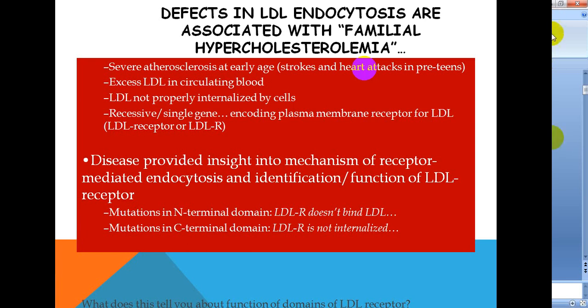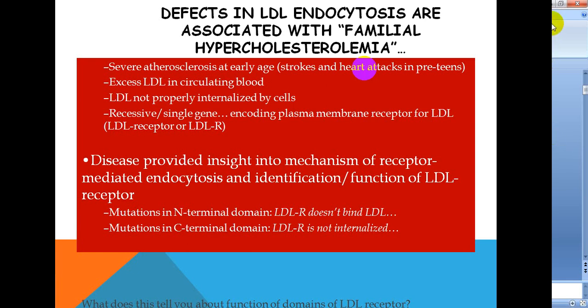Now whenever there is a mutation in the C-terminal domain, or carboxyl terminal domain, what happens? The LDL receptor is not internalized. So even if the N-terminal domain is perfect in the receptor, due to a defect or changes in the amino acid sequence in the C-terminal domain, the LDL receptor is not internalized.